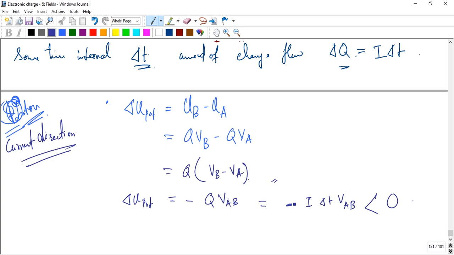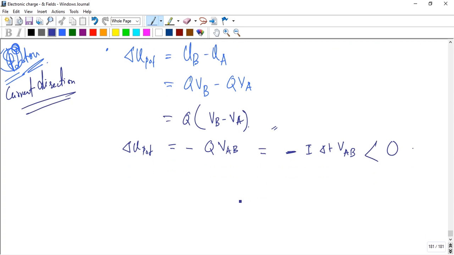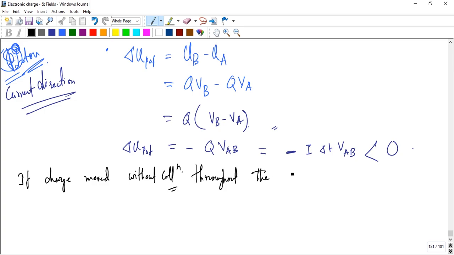Okay, if a charge moves without collision, okay, there is some condition. If a charge moves without collision throughout the conductor, that actually means no collision inside the conductor.